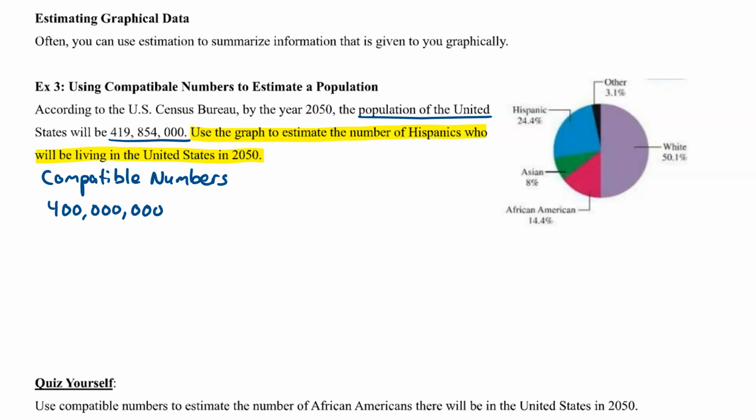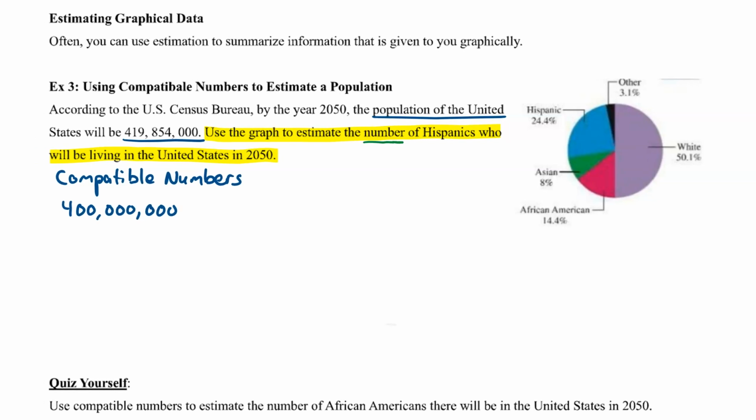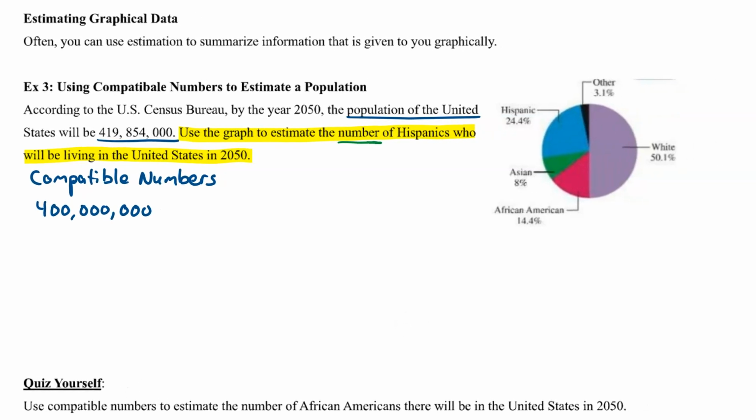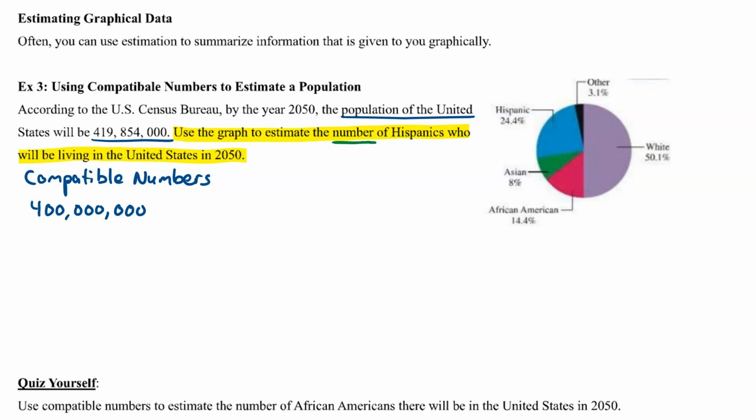We are also focused on the number of Hispanics who are going to be living in the U.S. at that time. If we look at the pie chart right here, we can see that Hispanic is 24.4%. So we can estimate that to 25% and use that in this calculation.